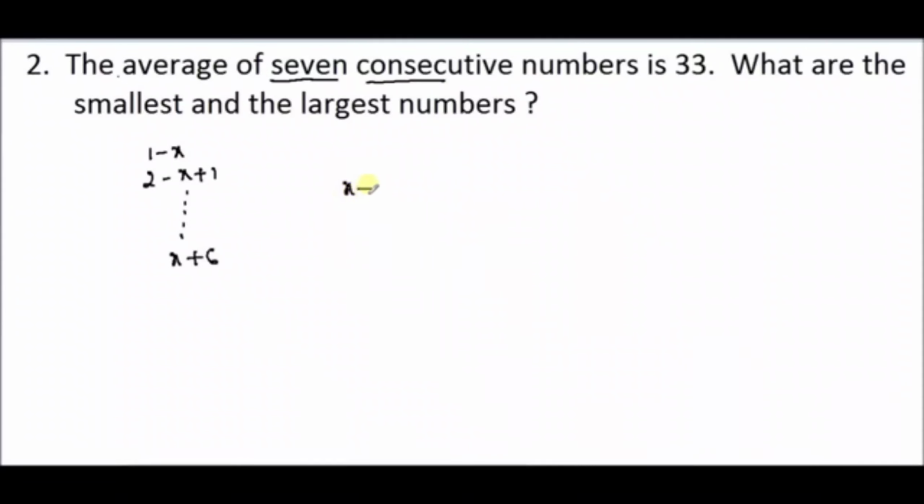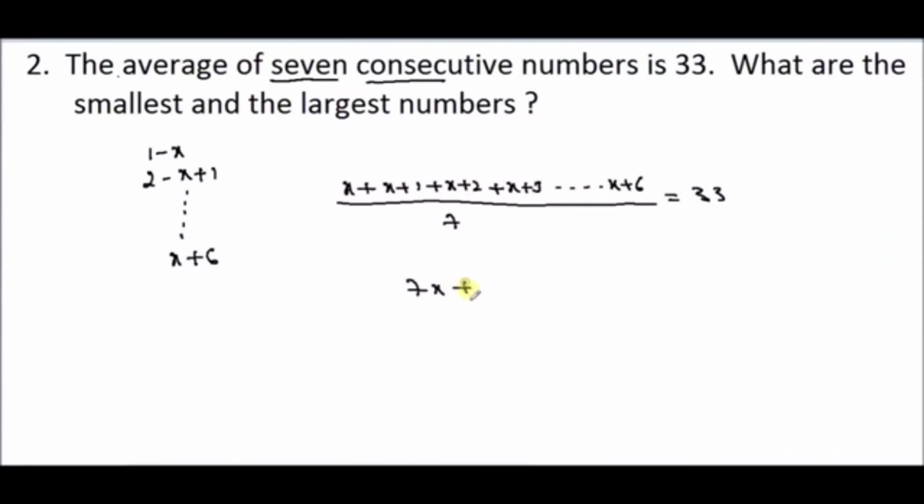That is x plus 1 plus x plus 2 plus x plus 3 and so on till x plus 6, divided by the number of items, which is 7, should be equal to 33, right? If you add it up, you will get 7x plus 21 divided by 7 is 33.